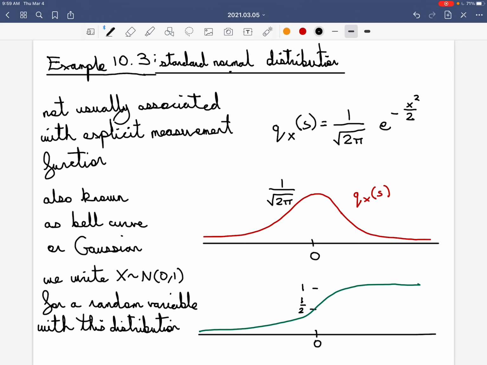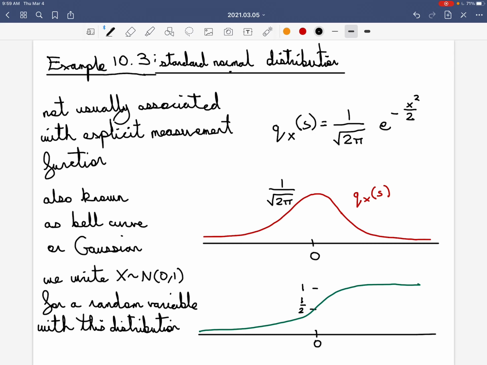So I'm just going to tell you, as I did before, that densities are the most important way of thinking about continuous random variables, and the standard normal we'll only define in terms of a density.